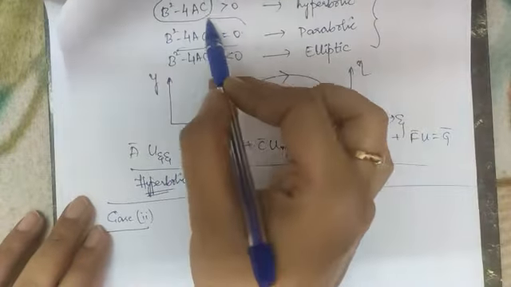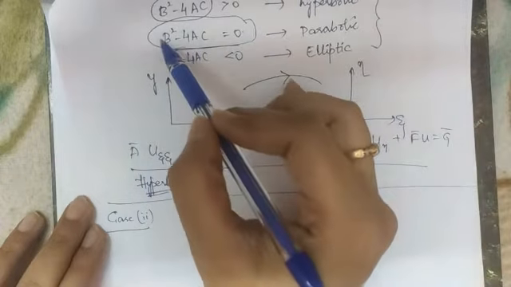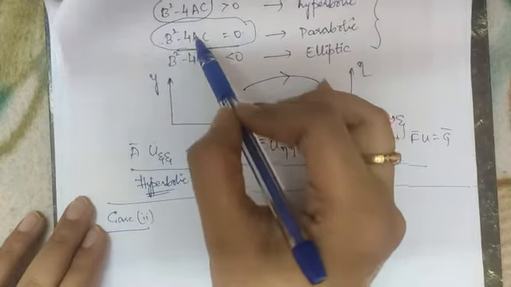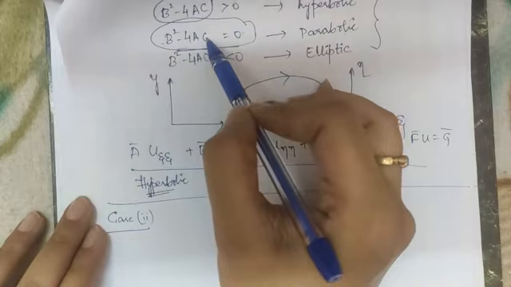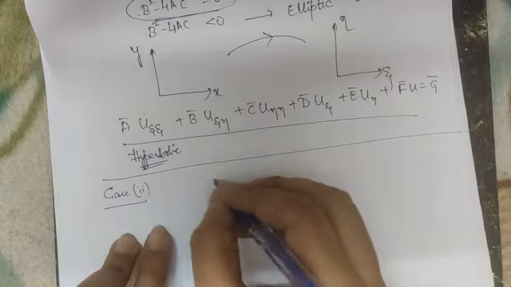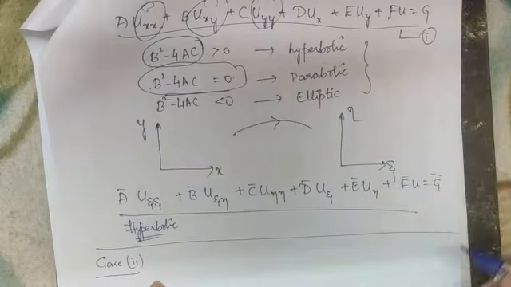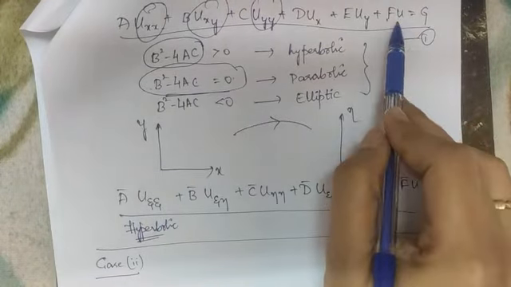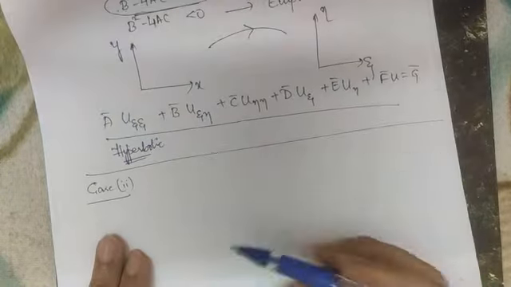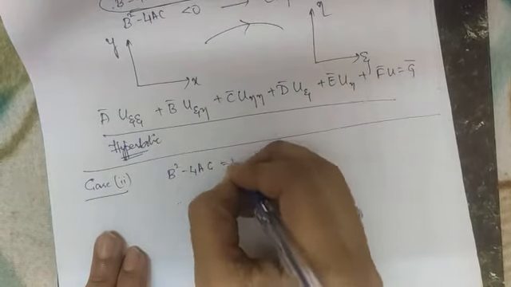As we have seen here, in order to get a parabolic equation, either a bar or c bar should be 0, along with b bar being 0. Suppose this equation is equation number 1, and suppose equation number 1 is parabolic, that means b square minus 4ac is equal to 0.